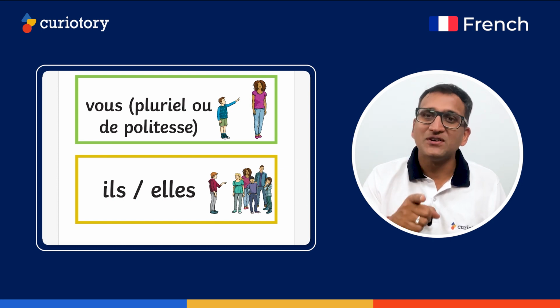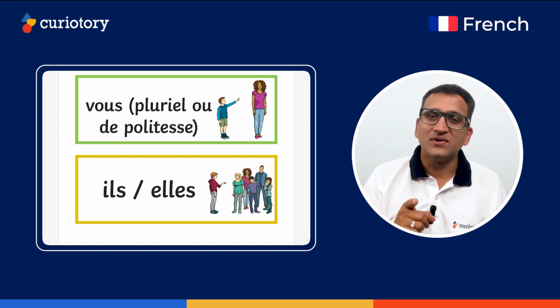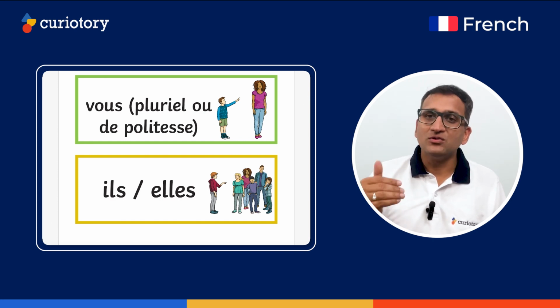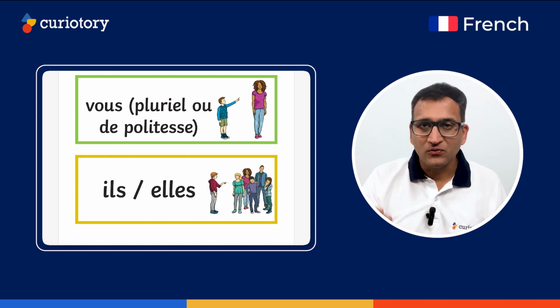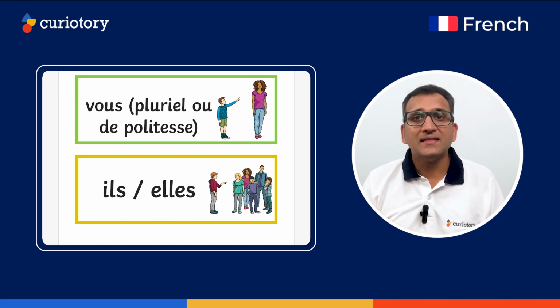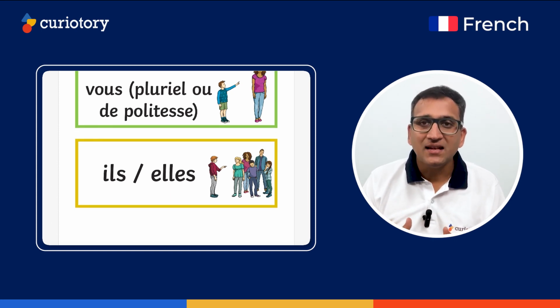Remember, tu is for single person and also informal way of saying you in French. And vous is for the formal person. If you need to address a single person formally, then vous. And also if you are addressing many people together, then it's vous.